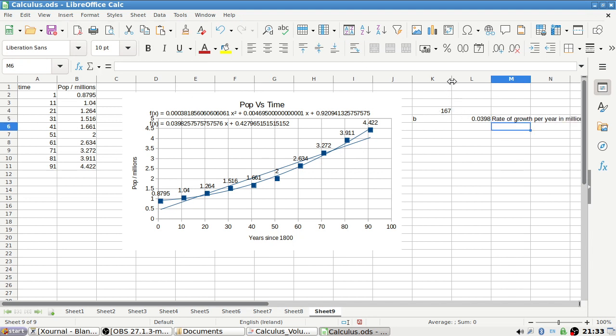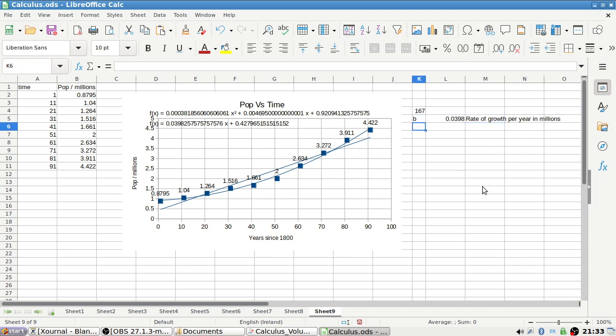Okay. And then C, the second derivative would be 0. So the rate of change in growth per year, in millions per year.